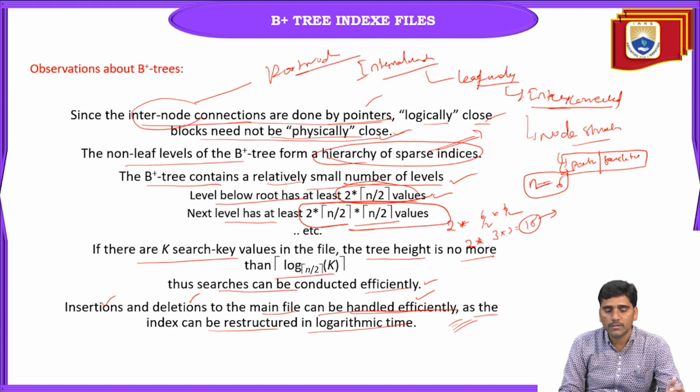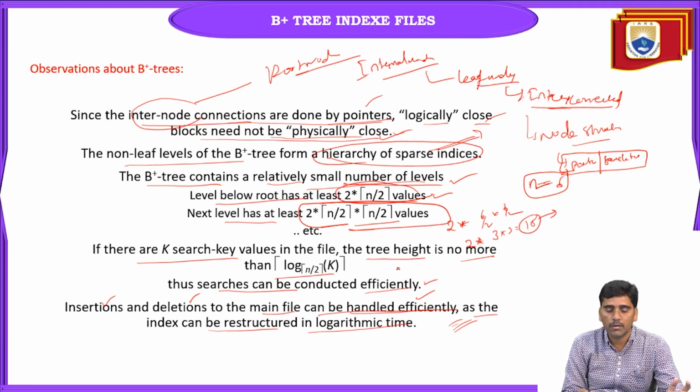And here are the observations. Inter-node connections are made by pointers, so nodes may be logically close but not physically close. The B plus tree contains a relatively small number of levels.